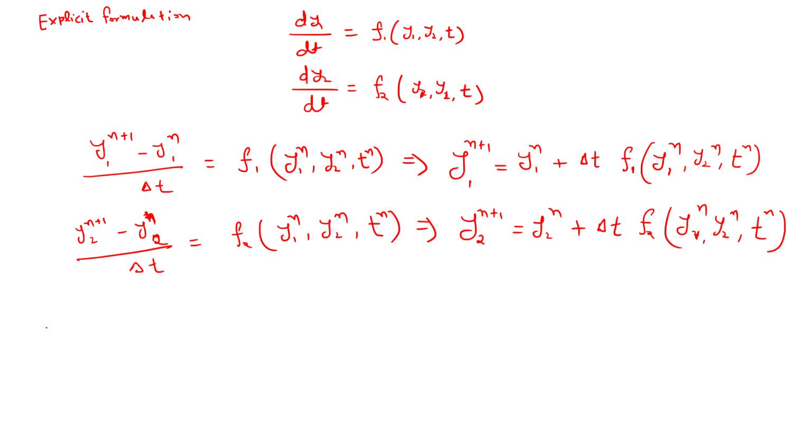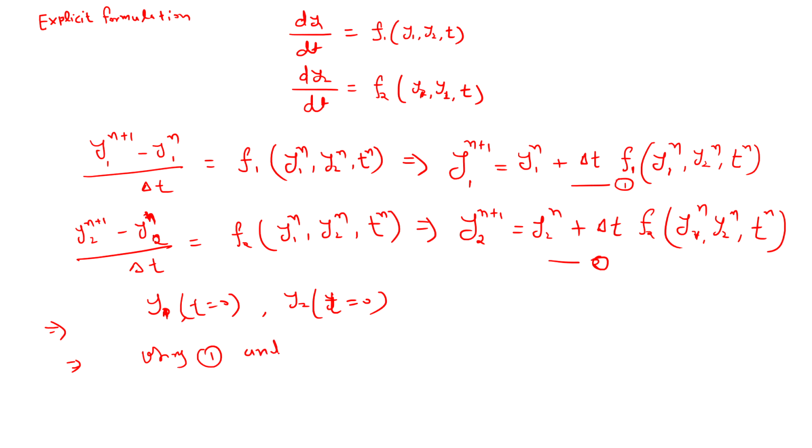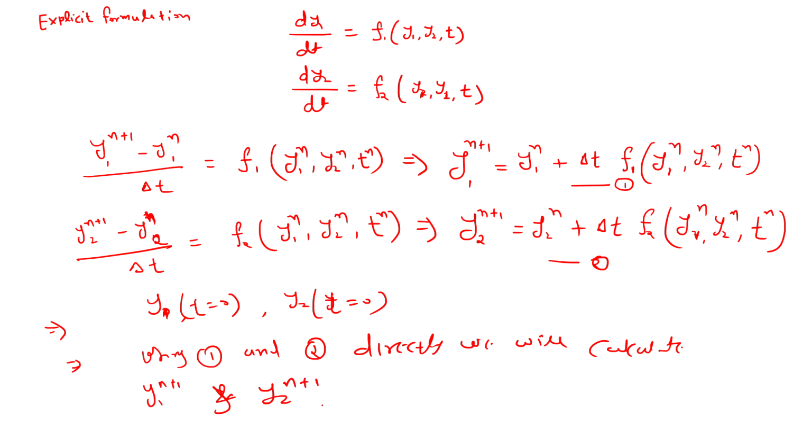So the algorithm becomes that we have y1 at t equal to 0 and we have y2 at t equal to 0. So in the next step, using 1 and 2 directly we will calculate y1 n plus 1 and y2 n plus 1. So this is how I will calculate.